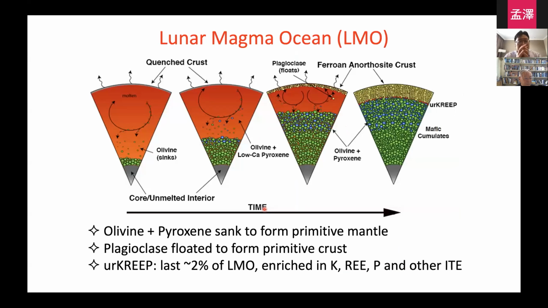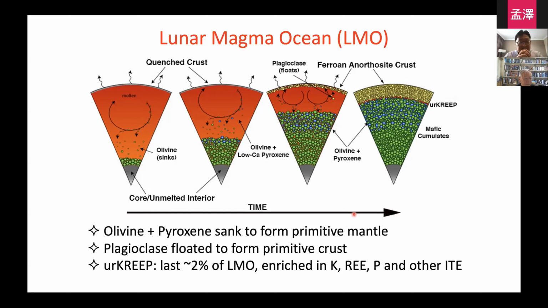So based on this model, the young moon basically was covered by a global magma ocean. When the temperature decreases, olivine and pyroxene began to crystallize and sank to form the primitive mantle.